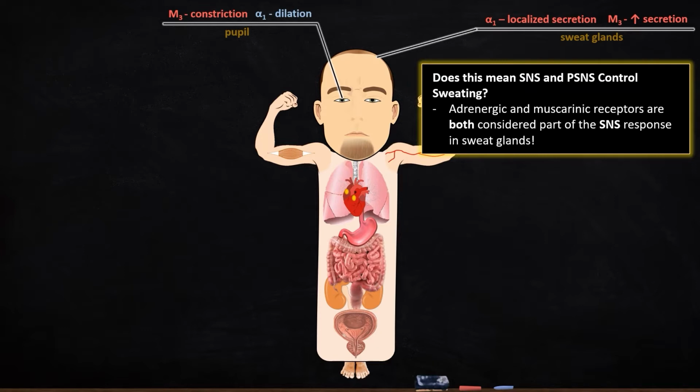So it's very easy to forget that the M3 receptor in this specific tissue is not considered parasympathetic. So we have a combination of adrenergic and cholinergic, both promoting sweat. Okay, in case I didn't say that earlier, this is assuming when these receptors are activated. So when these receptors are activated, this is what's going to happen. So more secretion in both cases there.